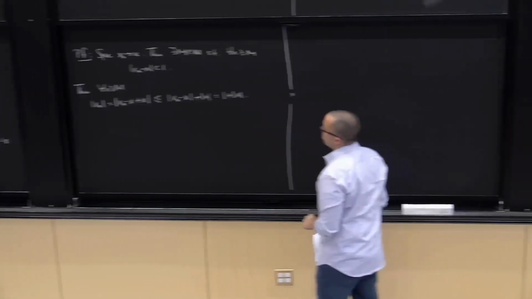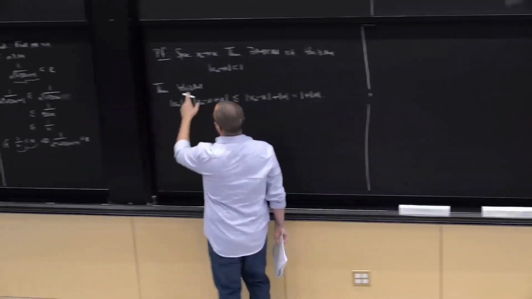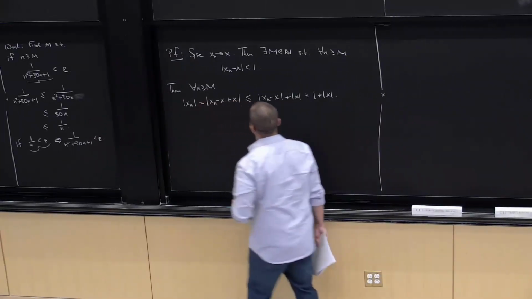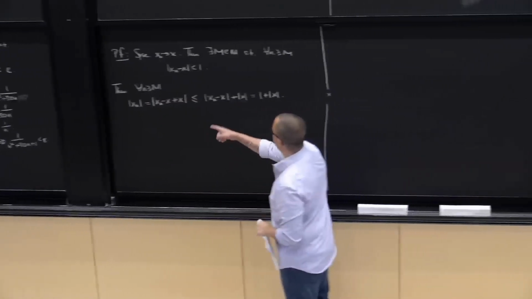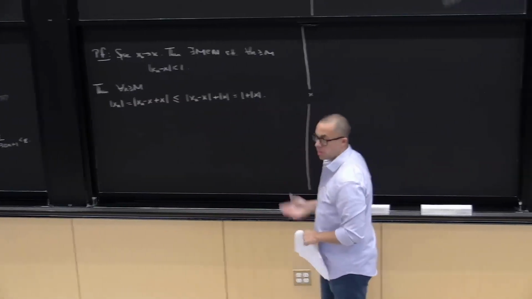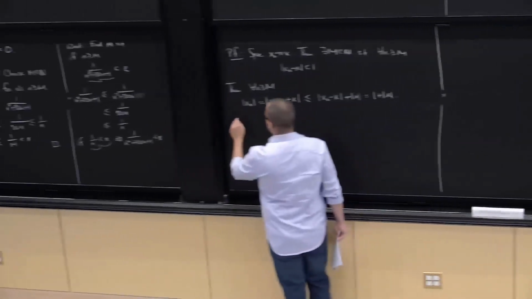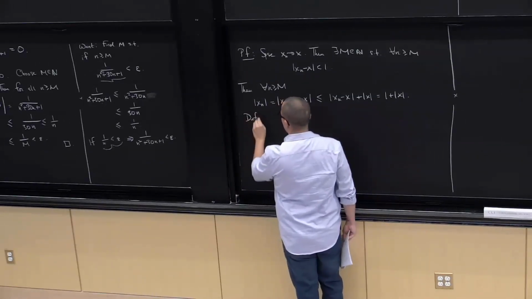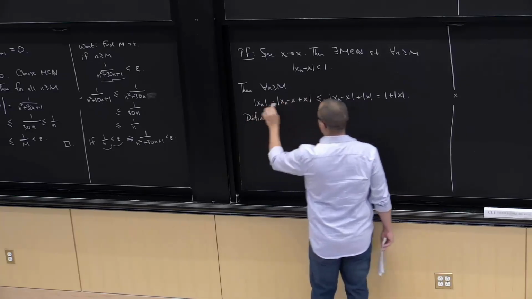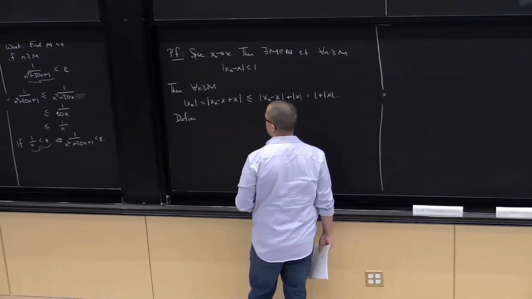Okay, so for all entries in the sequence past this point, capital M, they're bounded in absolute value by 1 plus |x|. That's just a number. Okay? So then we just have to take care of the 1 up to capital M minus 1 guys.